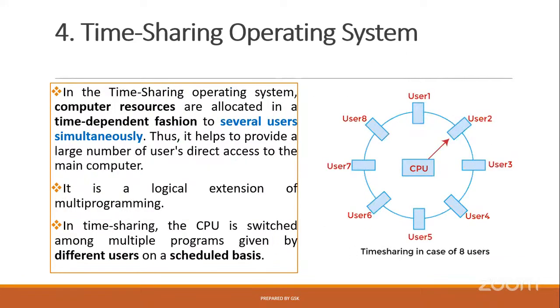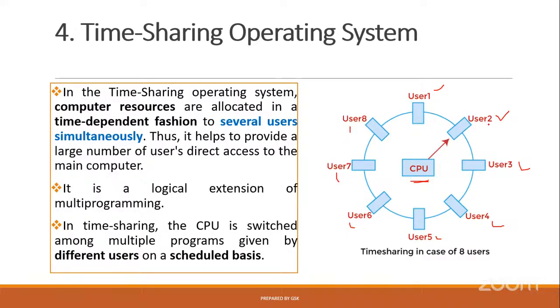Next category, time sharing operating systems. Observe this image, you can understand the concept easily. We have one CPU, and one CPU can execute the task. The tasks might belong to any number of users. Different users are connected to the one CPU.